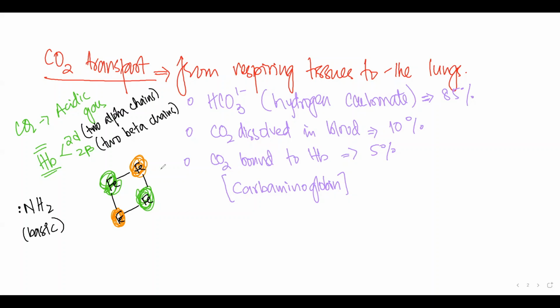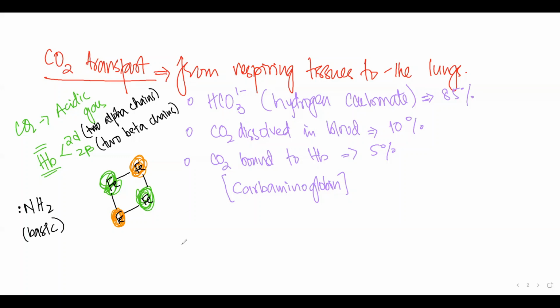What you need to understand is that some CO2 goes bound to Hb. Which part of Hb will CO2 bind to? Sir, with the heme group. Hb is a protein, right? Hb is a protein, yes or no? Yes.